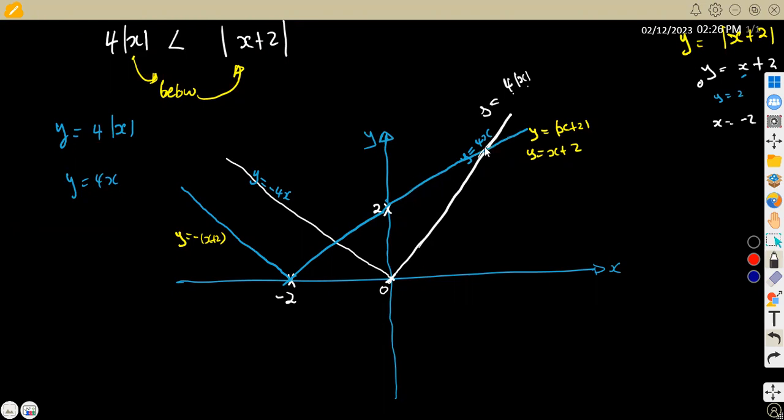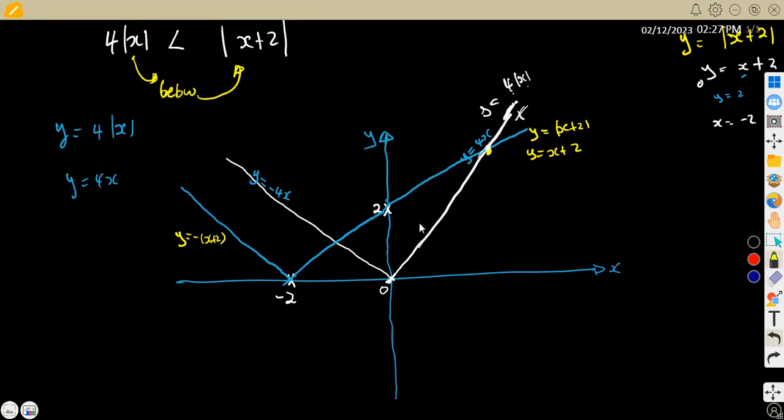So we are going to check here. From our line of y is equal to the modulus of x, which is this one, from this point up to this point here, it's above this line. So we're not going to have any solution from this side because it's above. We need where it is below. If we move on from this point here, we go down.